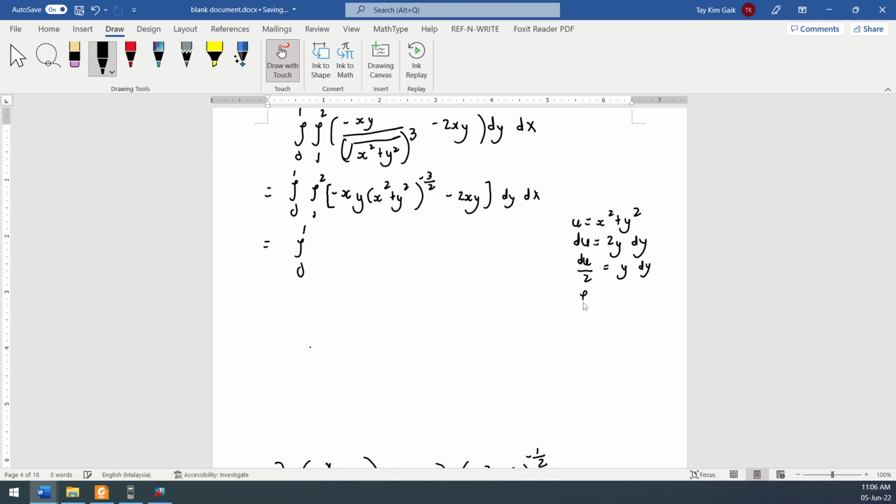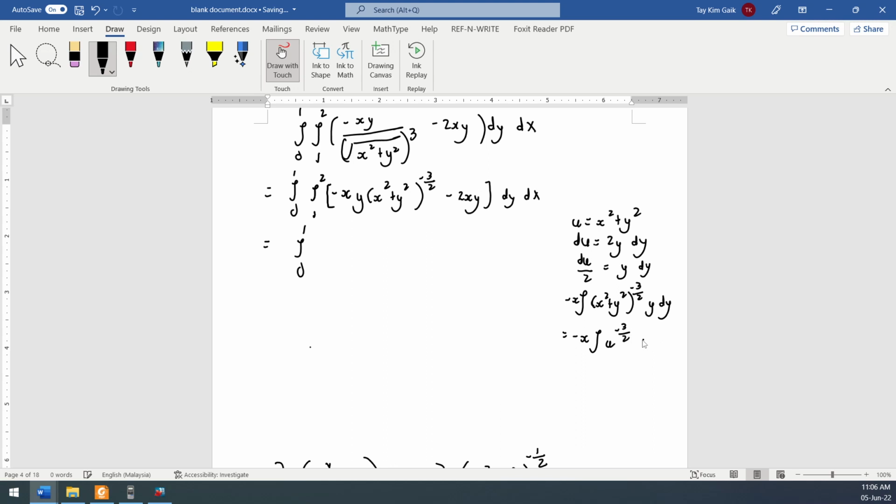So the integral, I factor out negative x. So y dy is du over 2, and x squared plus y squared is u to the power negative 3 over 2.